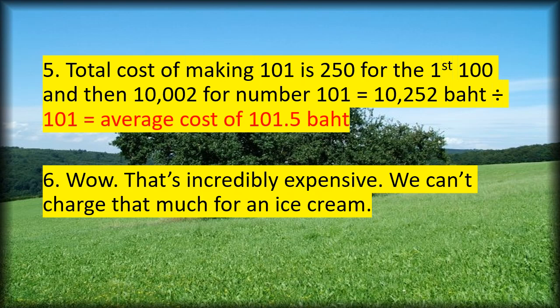Total cost of making 101 is 250 for the first 100 and then 10,002 for number 101. The total is 10,252 divided by 101, and the average cost is 101.5 baht. Wow, that's incredibly expensive. We can't charge that much for an ice cream.